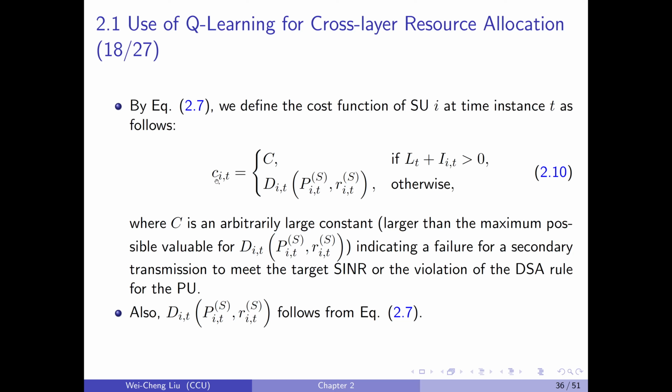Small c_i^t is the cost function of secondary user i at time instance t, which is equal to capital C, where capital C is an arbitrarily large constant, larger than the maximum possible value for D_i^t. D_i^t is the end-to-end distortion of secondary user i at time instance t, and D_i^t is a function of P_i^{s,t} and R_i^{s,t}, where P_i^{s,t} is the transmit power of secondary user i at time instance t, and R_i^{s,t}.